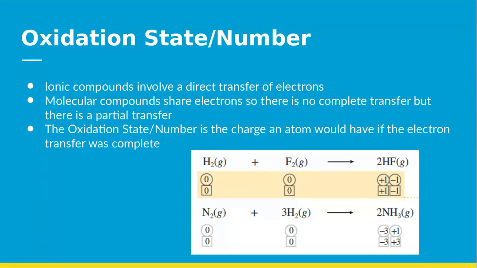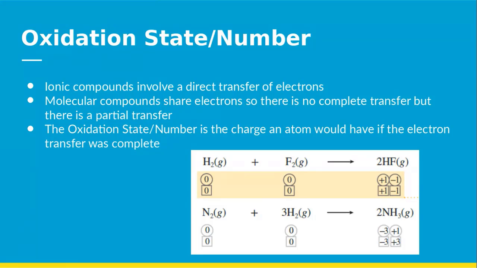Covalent or molecular compounds do not involve a direct transfer of electrons. We're actually sharing electrons with the covalent bond. Each covalent bond is 2 electrons that are shared between the two atoms to form a bond. So there's no complete transfer of electrons, but there is a partial transfer in the sense that they're sharing these electrons.